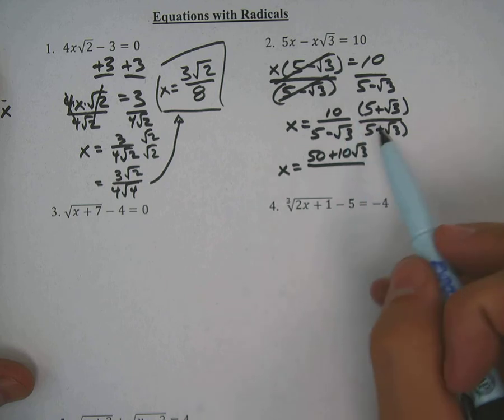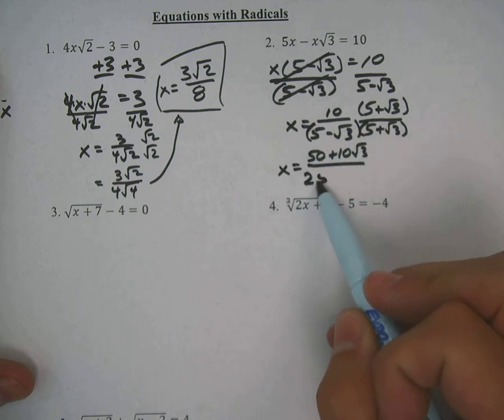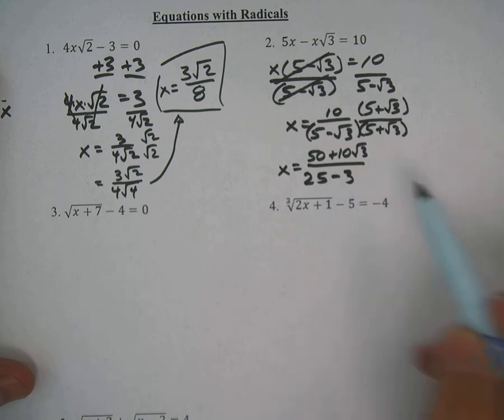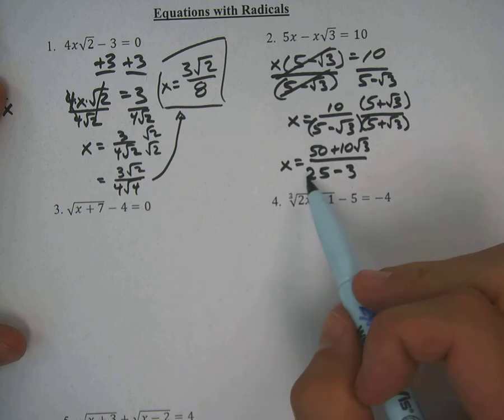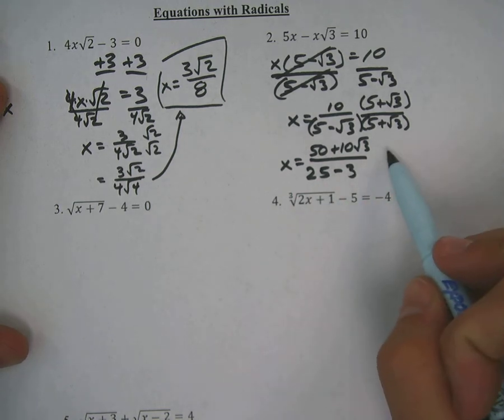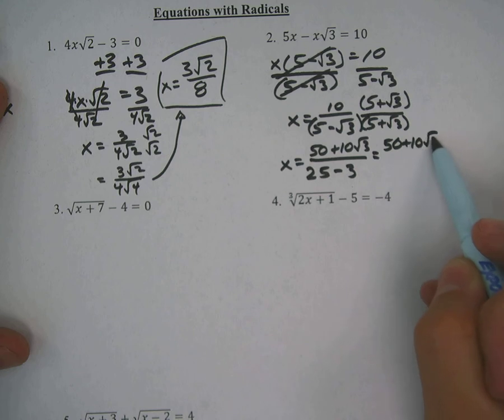On the bottom, if you FOIL all this, you end up with 25 minus 3. And I promise it works out like that. If you need to, go through and FOIL it all out, but it ends up being 25 minus 3, which is 50 plus 10 root 3 over 22.